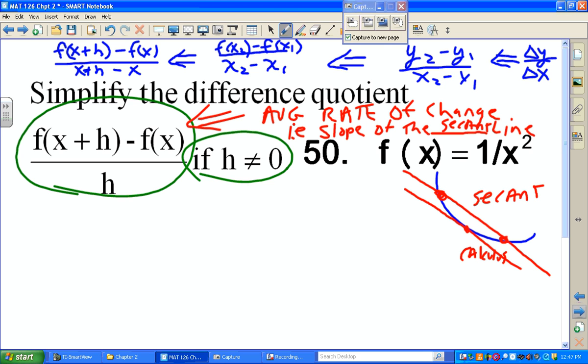Nice. See? Now you have all the background information. Does it help you solve the question? No, but it helps you know what you're reading about. You're finding the average rate of change between 2 points on the graph of 1 over x squared. Now let's get down to the algebra. Up there in the blue, the first step. What is the h or the 2 x's?